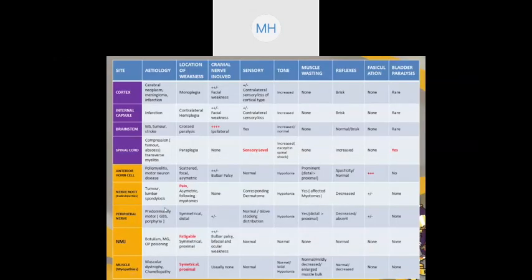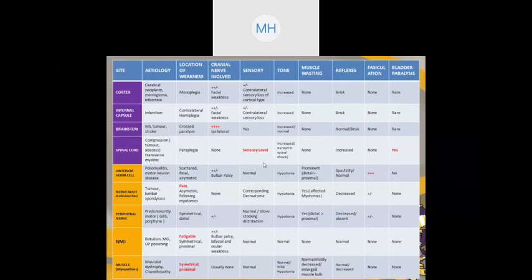Okay, this is the summary of the important landmarks or important symptoms or signs that correlate with the levels of the CNS lesion. So for example, the easiest one we know, spinal cord is an upper motor neuron lesion, and the key word there is sensory level.